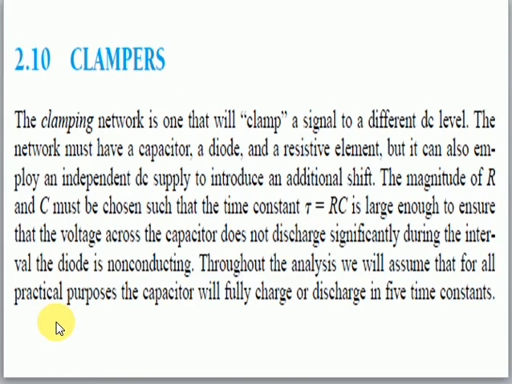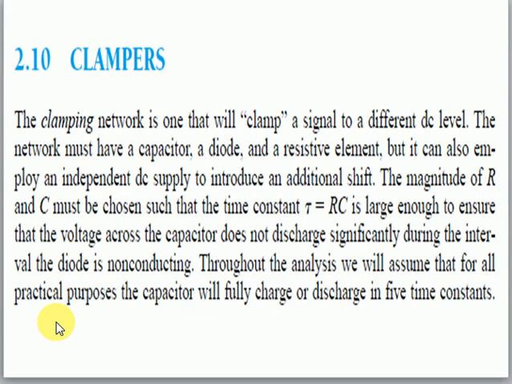The values of the resistor and the capacitor we choose such that the time constant, tau, equal to RC, is large enough to ensure that the voltage across the capacitor doesn't discharge significantly during the interval in which the diode is non-conducting.